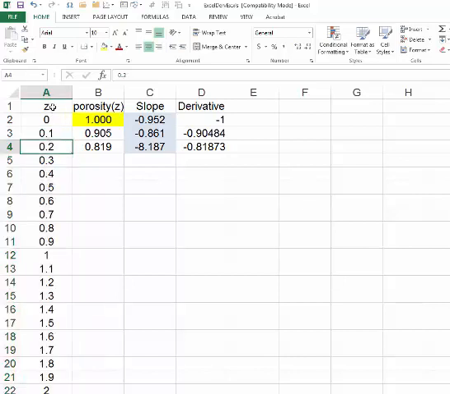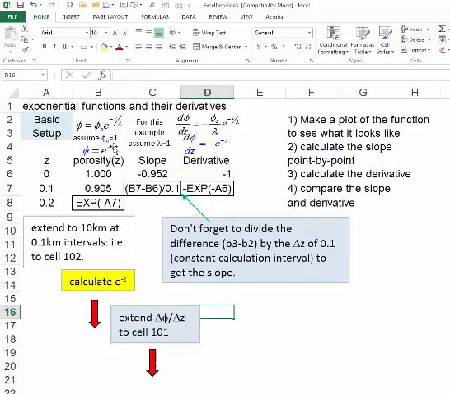These are depths. These would be z's in kilometers. They have units of kilometers. And then the porosity here. Well, the porosity is, as we said back over here, we're going to simplify it. It's equal to e to the minus z.